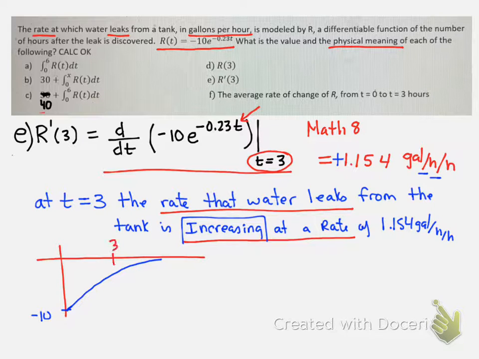Right here at t equals 3, this slope is positive. That just means that the rate is getting less negative as time goes on. So it doesn't mean it's not leaking. It's still leaking. It's just leaking at a slower rate, or the negative rate is becoming more and more positive.